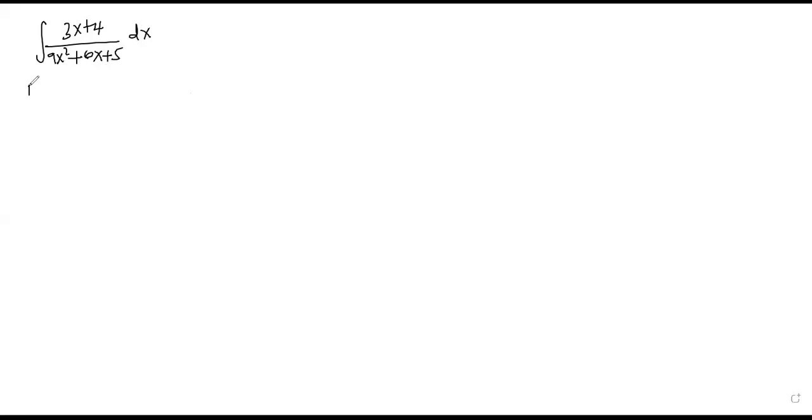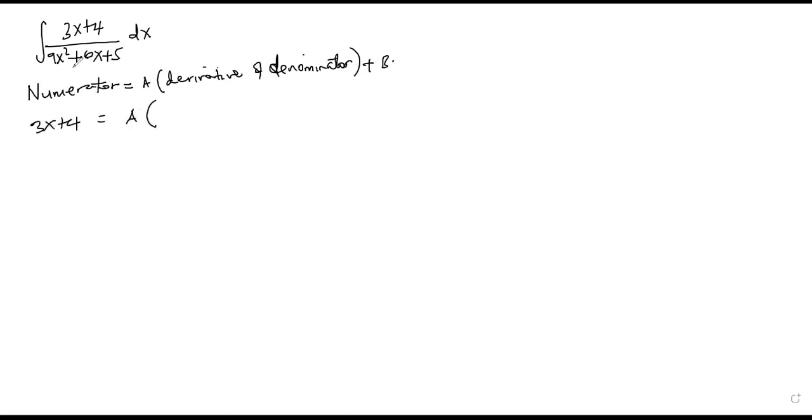Now, we have it that the numerator is equal to a times the derivative of the denominator plus b. You differentiate the denominator, 18x plus 6, then plus b.